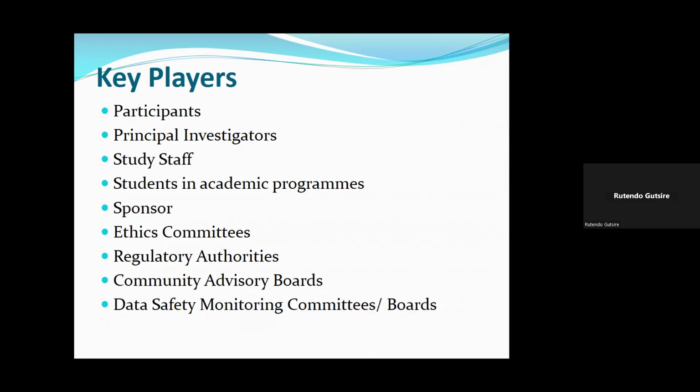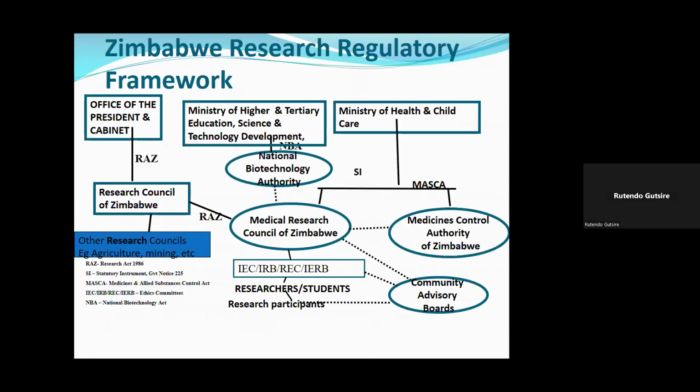And once the committee thinks maybe people are dying because of the vaccine, they'll have to stop the trial. Or if all is okay, then they'll continue. So those vaccines, I'm sure all of you here were vaccinated. Those drugs went through clinical trials and were approved by data safety monitoring committees that they were safe for use in human beings. Right. So that's the Zimbabwe research regulatory framework. I don't want to lose you.